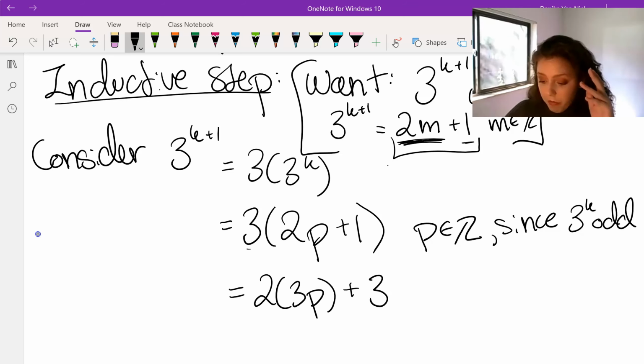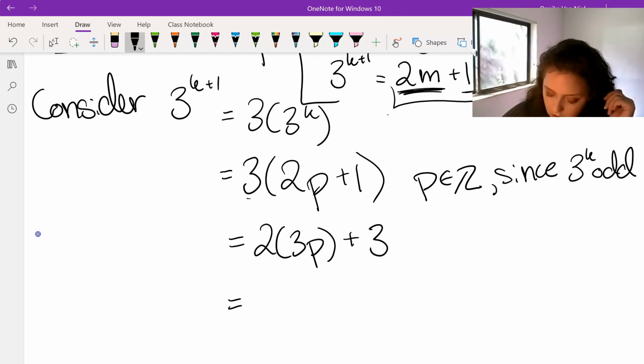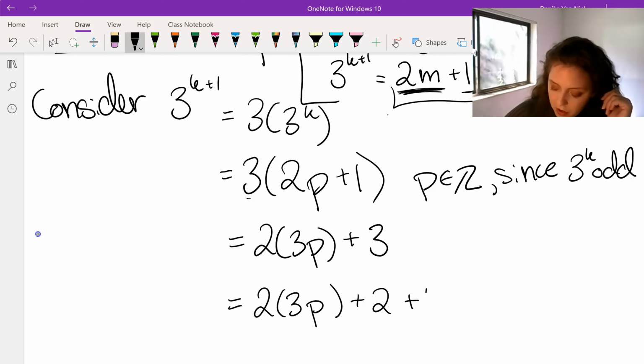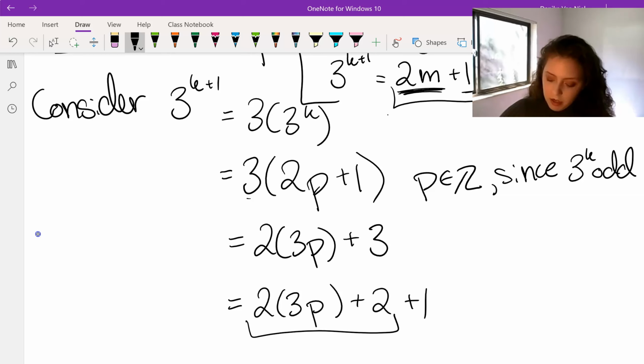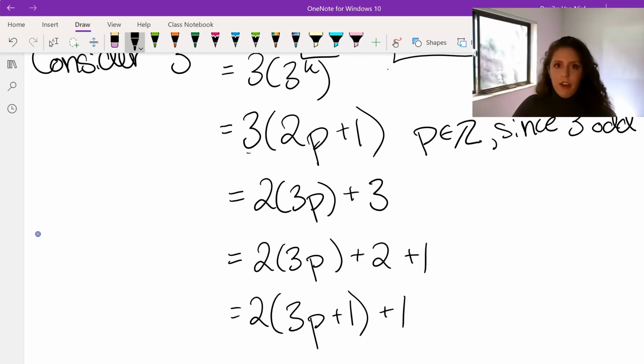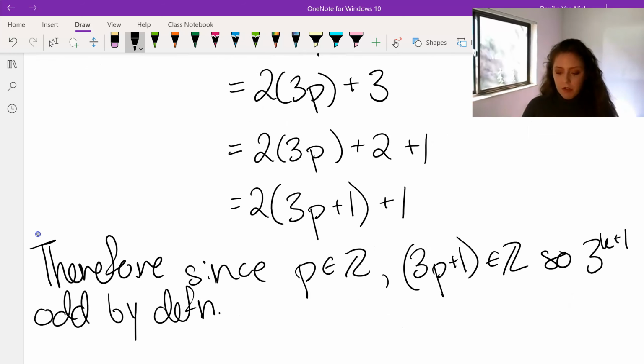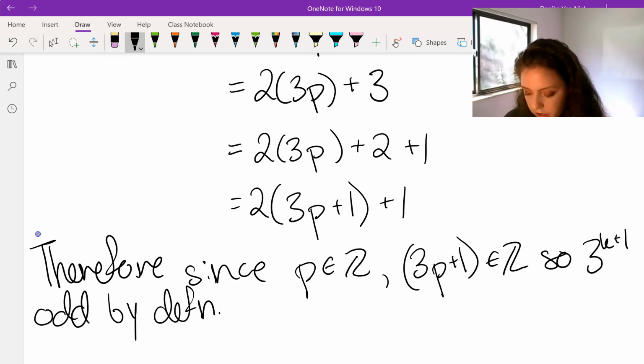Oh, well, we did this before with 3. I can rewrite this like this: 3p plus 2 plus 1. Okay, so now I'm just going to combine these two things together. Okay, cool. Therefore, since p is an integer, then 3p plus 1 is an integer. So 3 to the k plus 1 is odd by definition of odd.